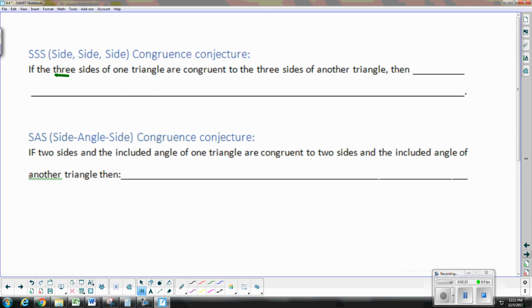Alright, so we have this shortcut, or this conjecture, which is side, side, side, abbreviated as SSS, and that says that if three sides of one triangle are congruent to the three sides of the other triangle, then the two triangles are congruent.